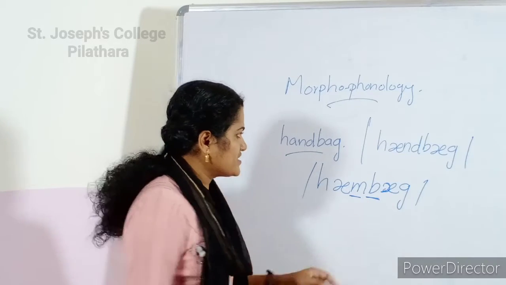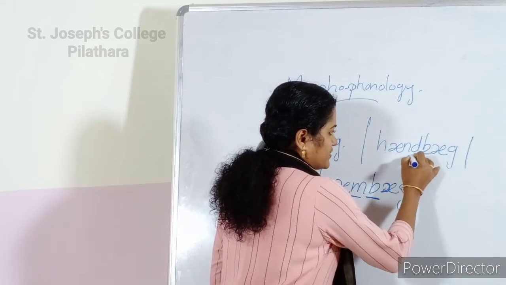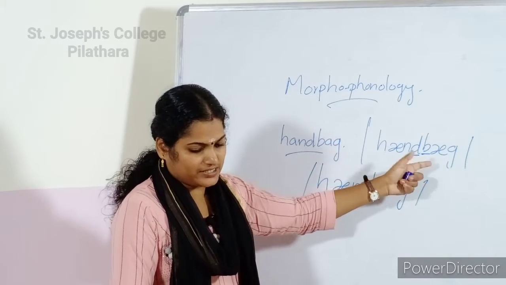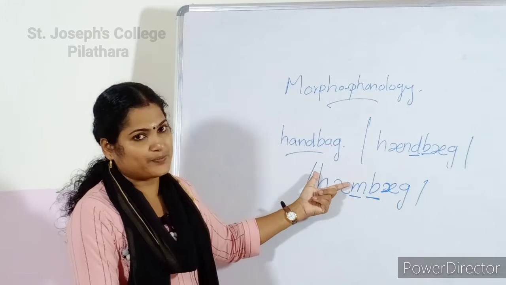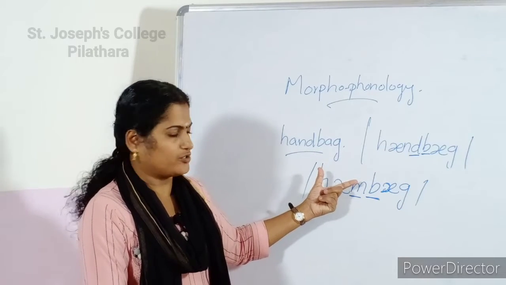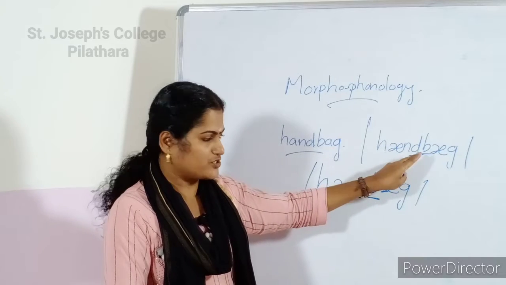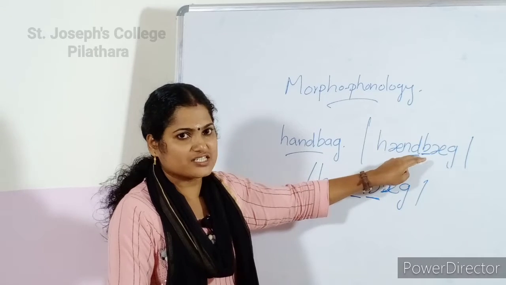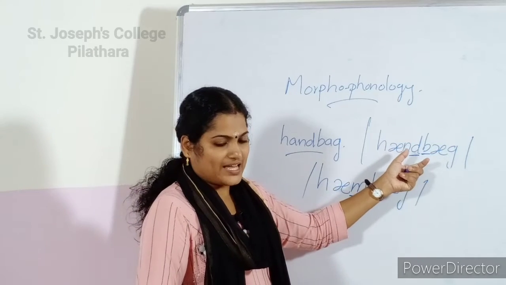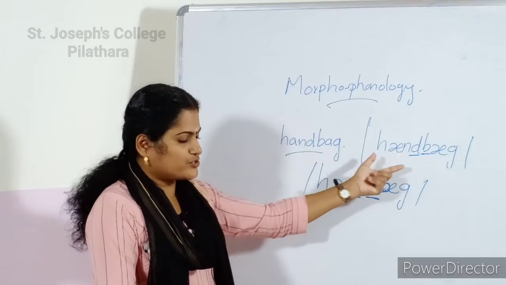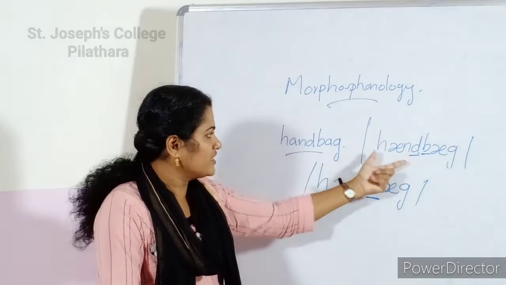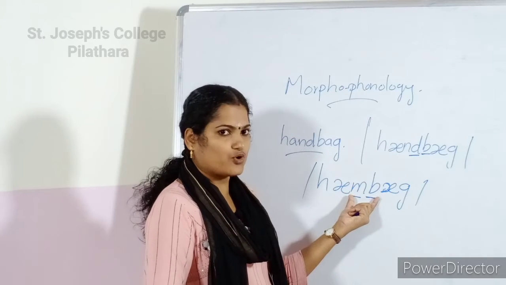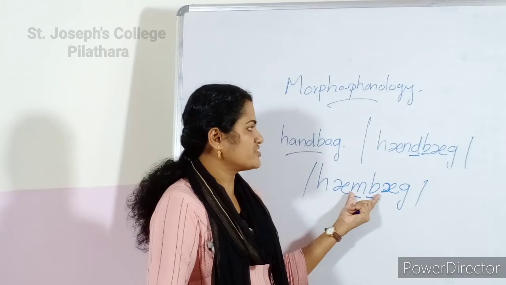Whereas the sequence d and b has different places but a similar manner of articulation, that is voiced stop, and d is sometimes assimilated to m before the b. So it's because these sounds both are bilabial consonants.